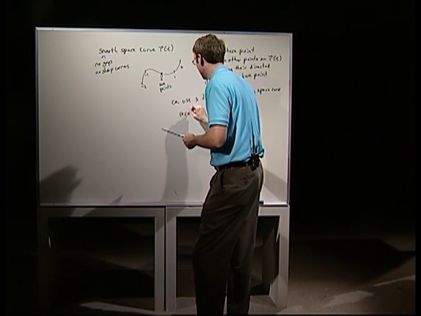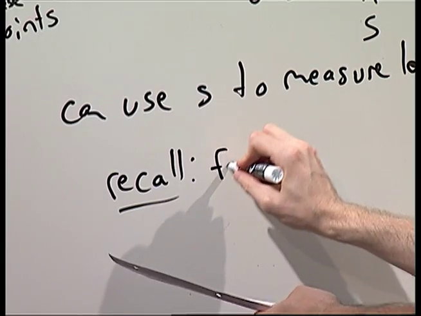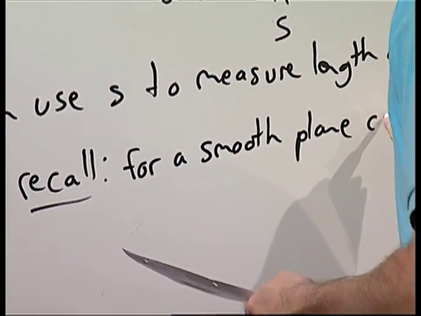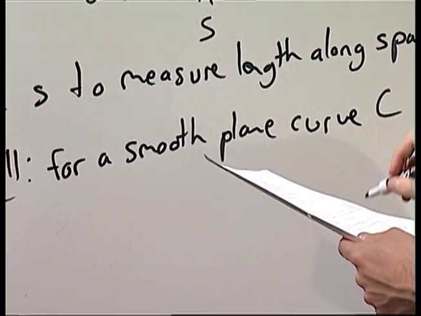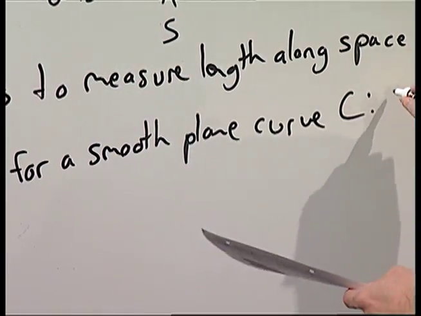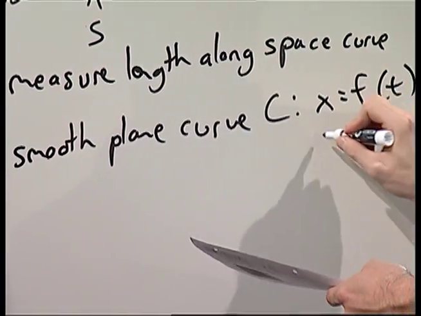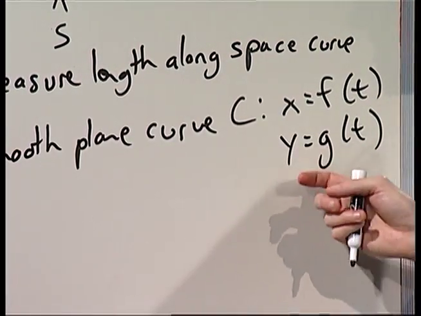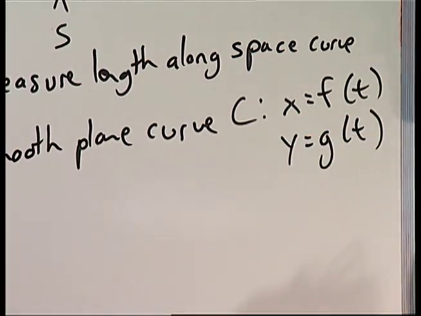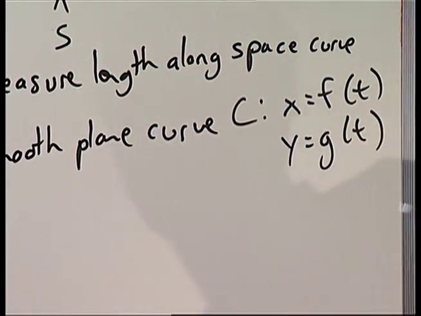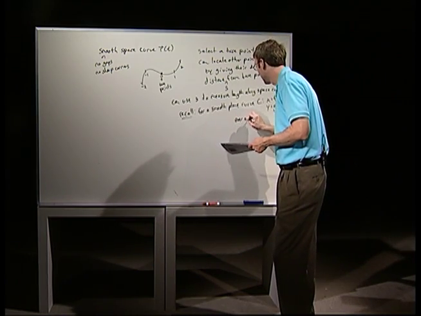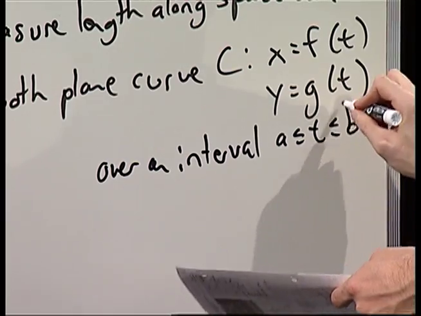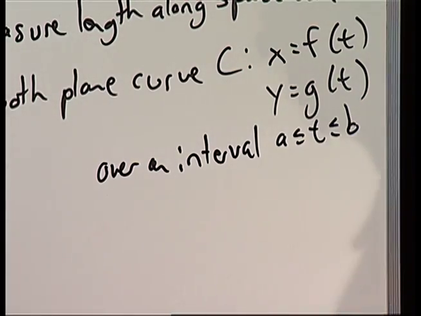OK, so let's think back a minute to Calc 2. Recall, say we had a smooth plane curve C, and say C was defined parametrically. So maybe C crosses itself and things like that. Not necessarily a function, just a nice smooth plane curve, no gaps, no sharp corners, over an interval t between a and b.